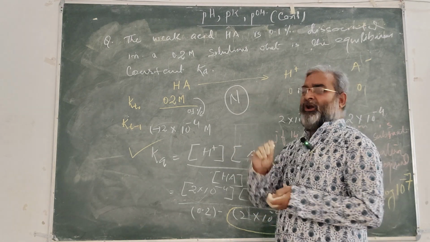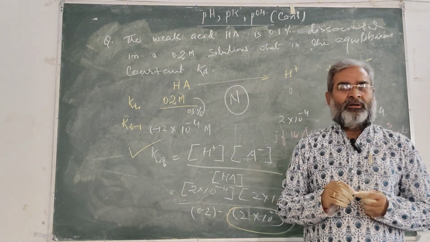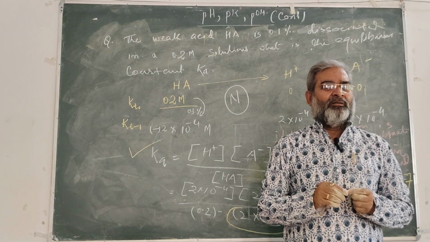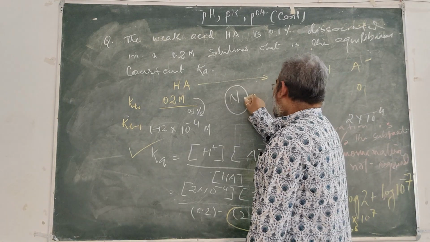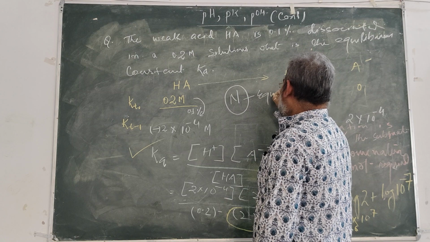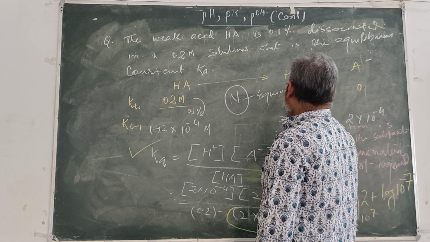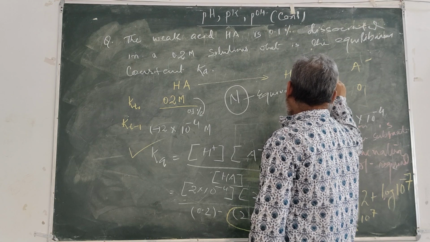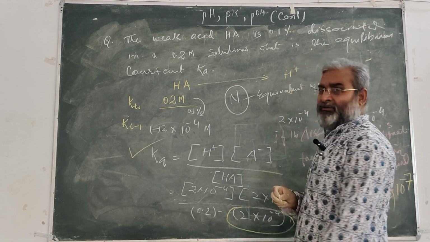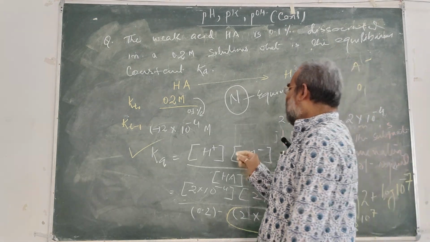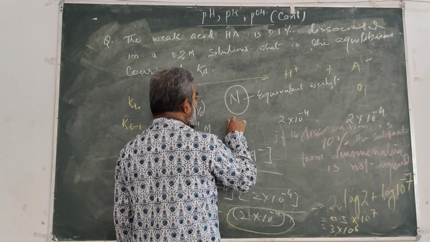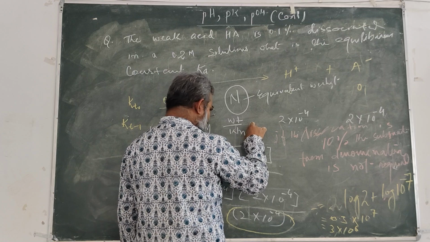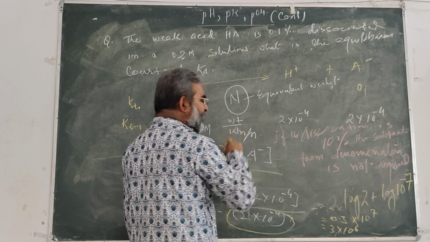Then, what is the normality? The equivalent weight. Equivalent weight means the weight divided by the molecular weight divided by the ionizing factor n, the number of protons or electrons received.